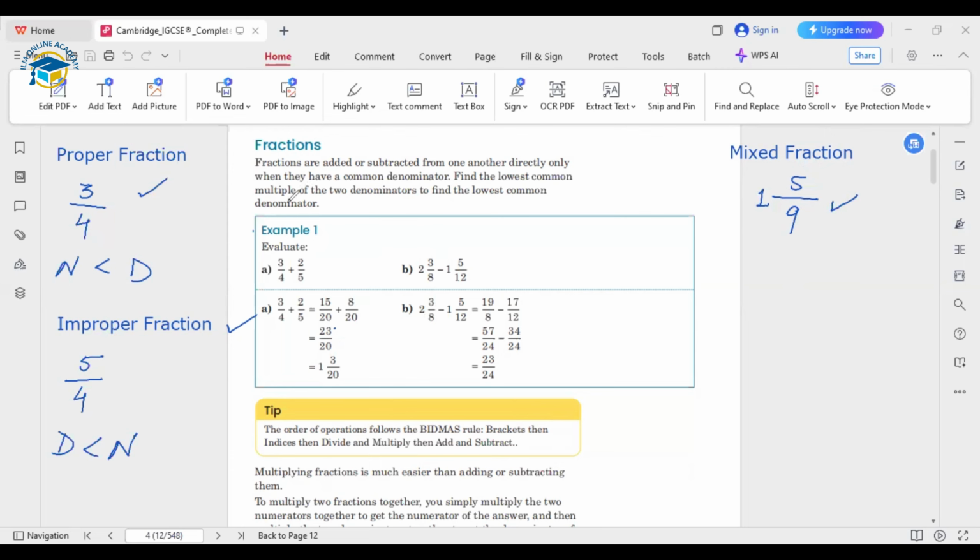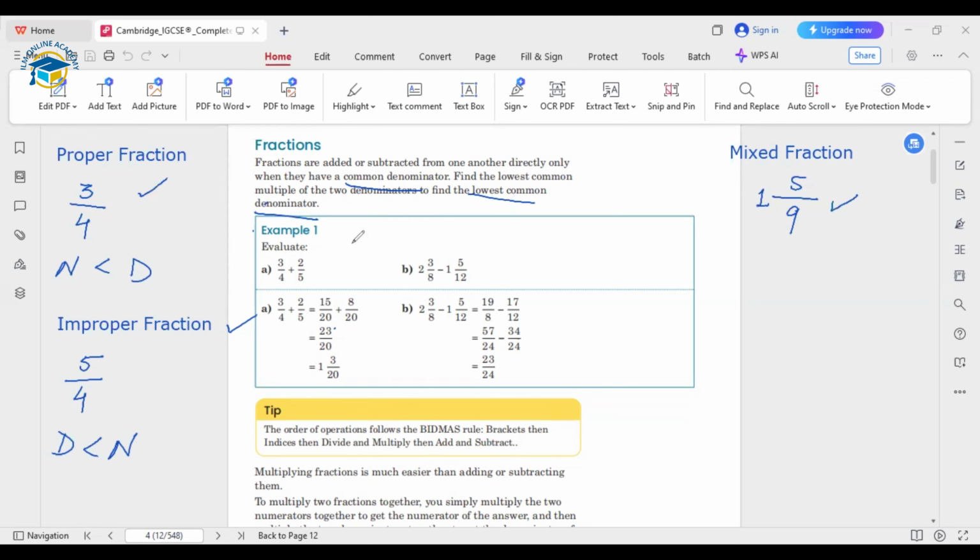Now, if we need to do arithmetic manipulation on fractions, we use two methods. One is to find the lowest common denominator, or second is to make the denominators similar. Both methods are quite related to each other, but you can use either of them, either to make the denominators similar or to find the LCM and then add or subtract the fractions.